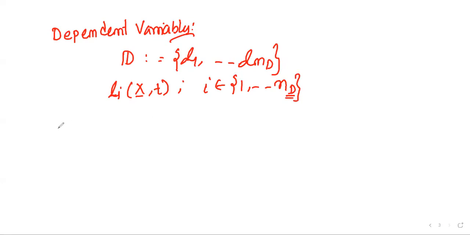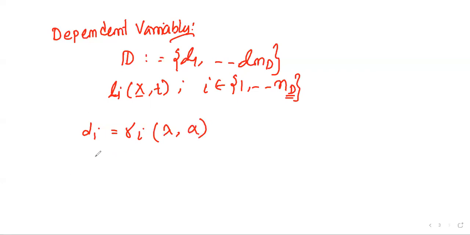So what is a dependent variable? All the variables that are not free variables and hidden variables are dependent variables. Why are these called dependent variables? Because they depend on free variables and hidden variables. So Di is a function of lambda and alpha.